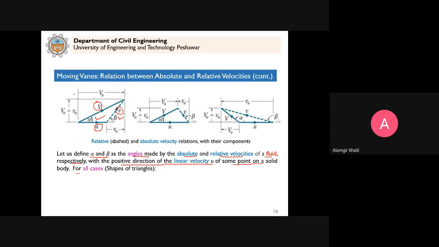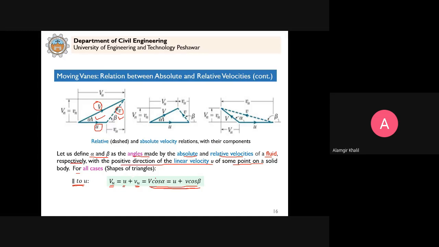So if we have this case here, or this case, or this case, it says that parallel to u, the relationship is that the component of V in the u direction is equal to u plus the component of the relative velocity in the u direction. So V cos alpha is equal to u plus small v cos beta.